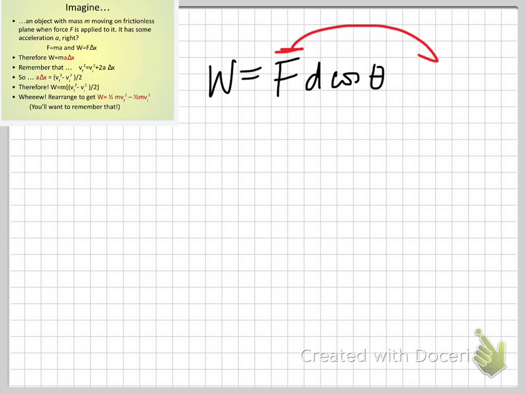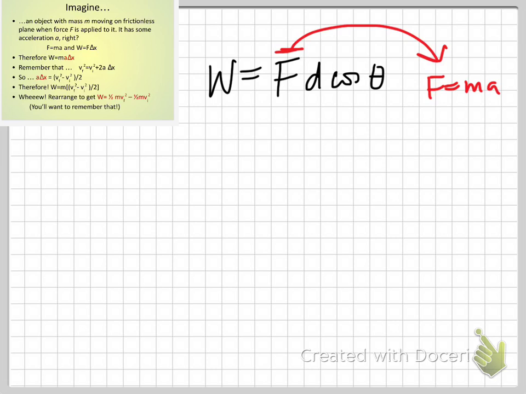So the derivation is on your notes, but I'm going to have you walk through this with me step by step. So we all agree that work equals force times distance times cosine theta. Okay. Would you also agree that force equals mass times acceleration?